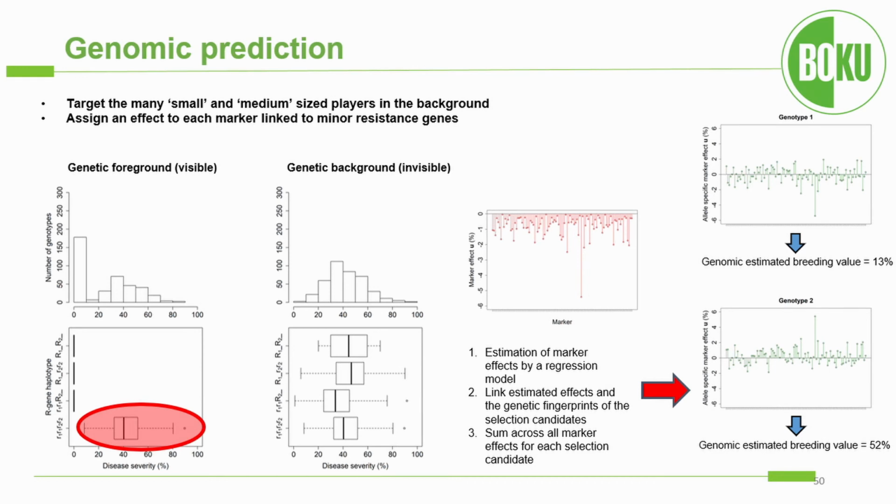So one would in the end find out which of my selection candidates does not only carry a major R gene, which is very nice for a farmer to have a completely resistant variety, but once such a resistance gene is overcome, it's still not completely eaten up by the pathogen.